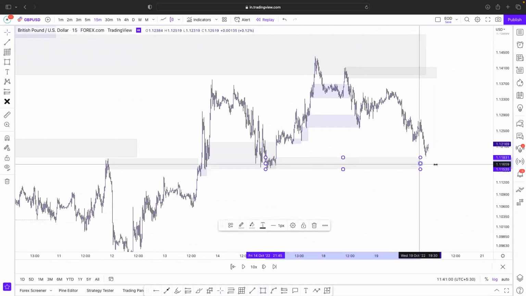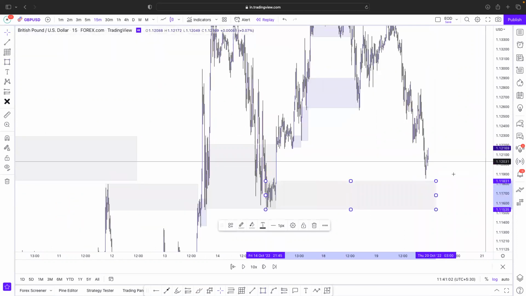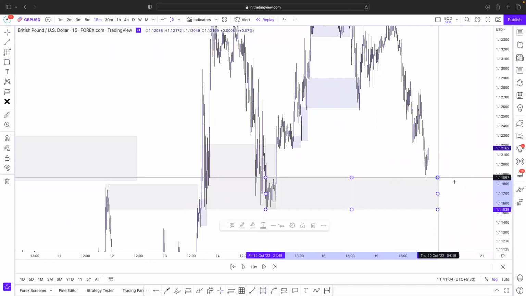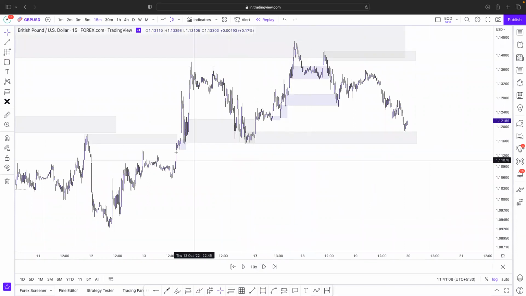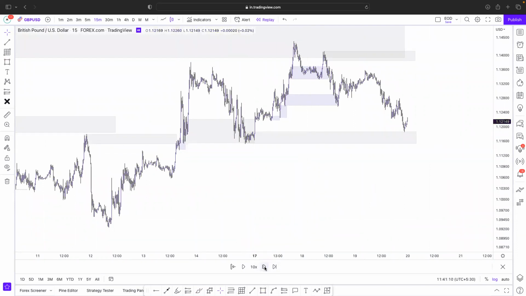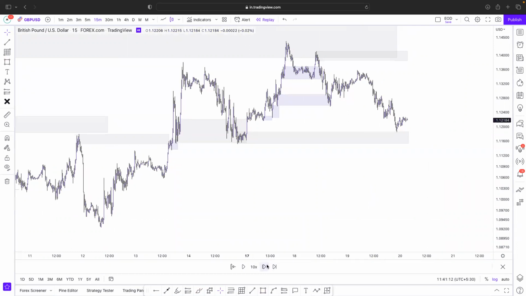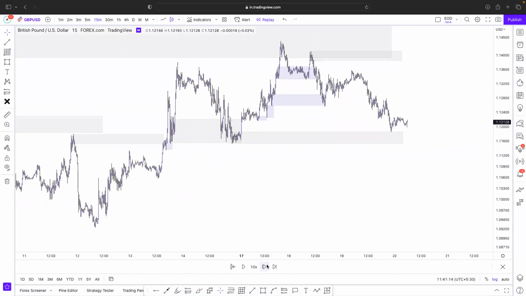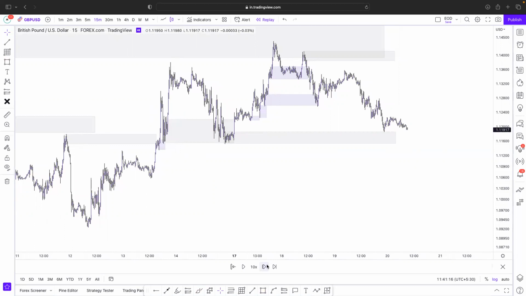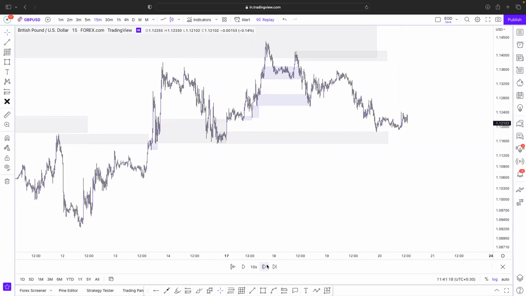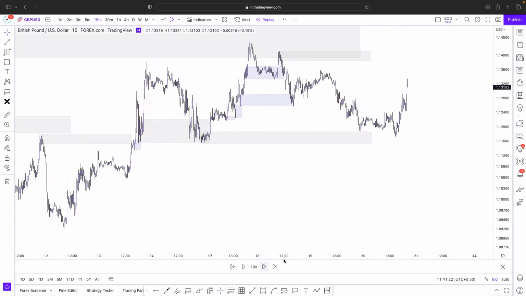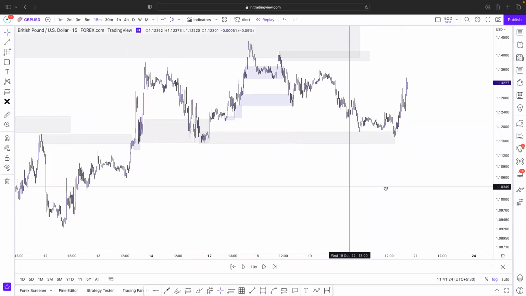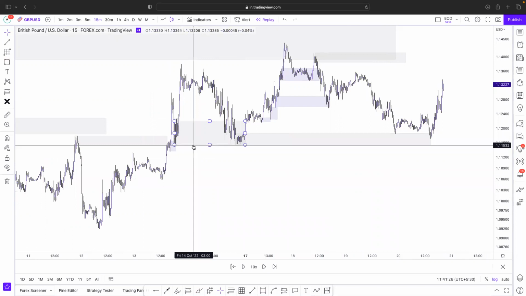This is the POI which will be holding. It is coming from the higher time frame, so we might even take this liquidity, I believe. Yes, we will. Okay, this POI works. Why? Because it has no liquidity below.